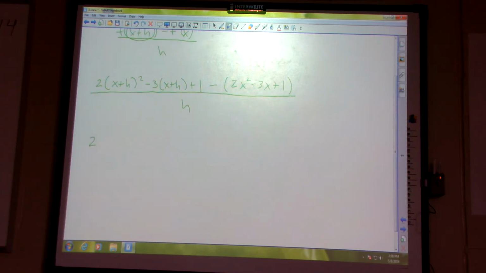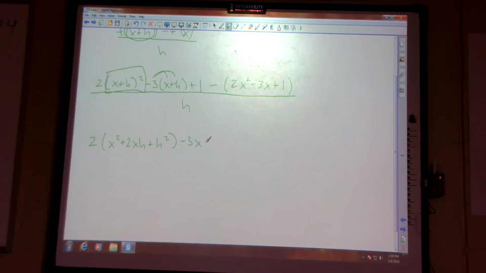Okay, so I have 2. Now we know to expand this, binomial theorem or FOIL. You get x squared plus 2xh plus h squared. Distribute. Minus 3x minus 3h plus 1. Distribute. Minus 2x squared plus 3x minus 1.